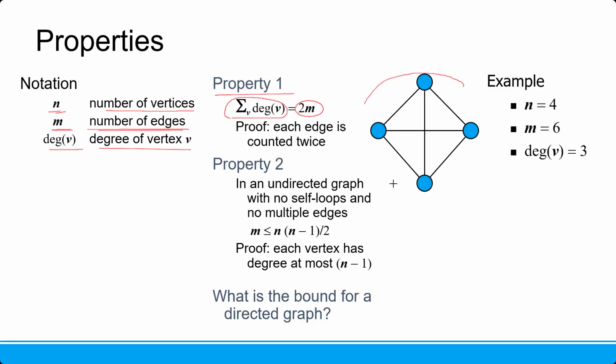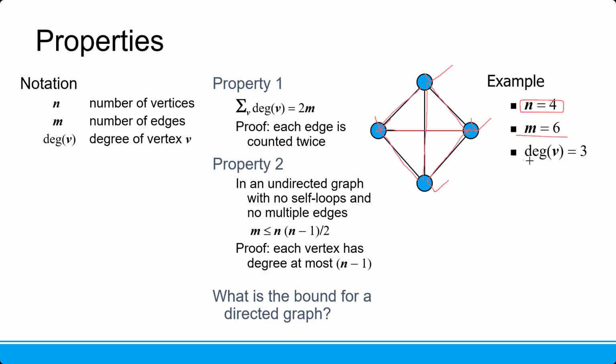Okay, now let's see this graph. This graph has 1, 2, 3, 4 vertices. So n equals 4. What about edges? We have 6. We have 1, 2, 3, 4, 5, and 6.